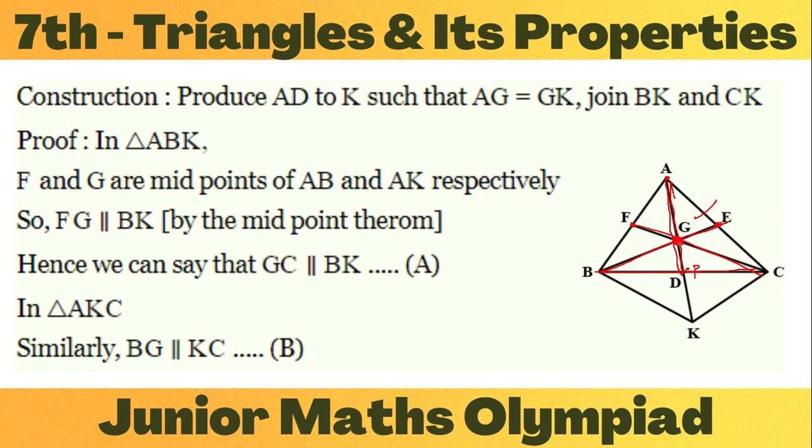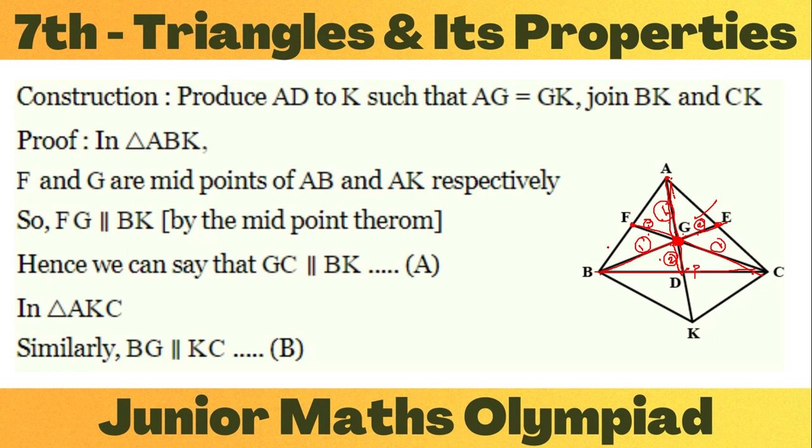Now, this centroid is dividing the median into two parts. Upper side first part, downside second part. From the vertex to centroid first part, remaining second part. So the centroid divides each median into two parts.